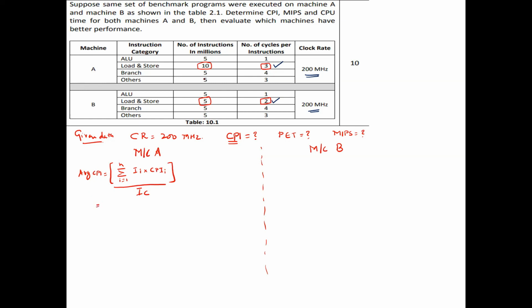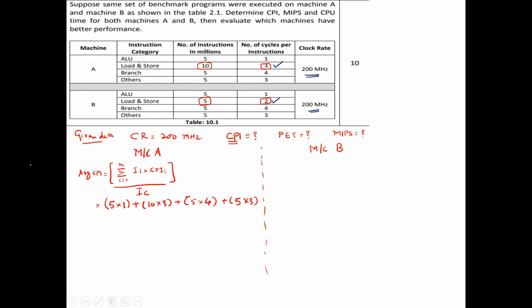Now, how many such instructions do we have? Here 5 million, so I will write 5 multiplied by each ALU instruction taking 1. So 5 into 1 plus 10 multiplied by 3 plus 5 million instructions, where each instruction will take 4 cycles, so 5 multiplied by 4, plus the next category, others, 5 multiplied by 3.